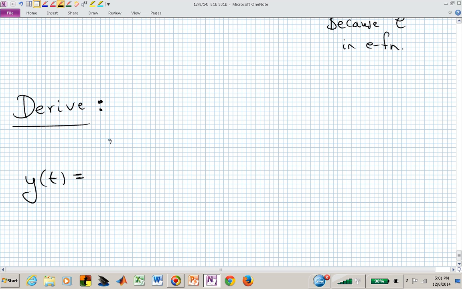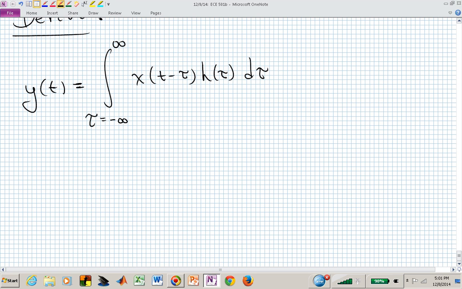Y of t then is this integral, let's say our variable of integration is tau, from tau equal minus infinity to infinity, x of t minus tau, h of tau, d tau. That's now equal to, now let's rewrite h of tau in terms of its weighted eigenfunctions. So we're not doing anything with x right now. We're just saying that's x of t minus tau.